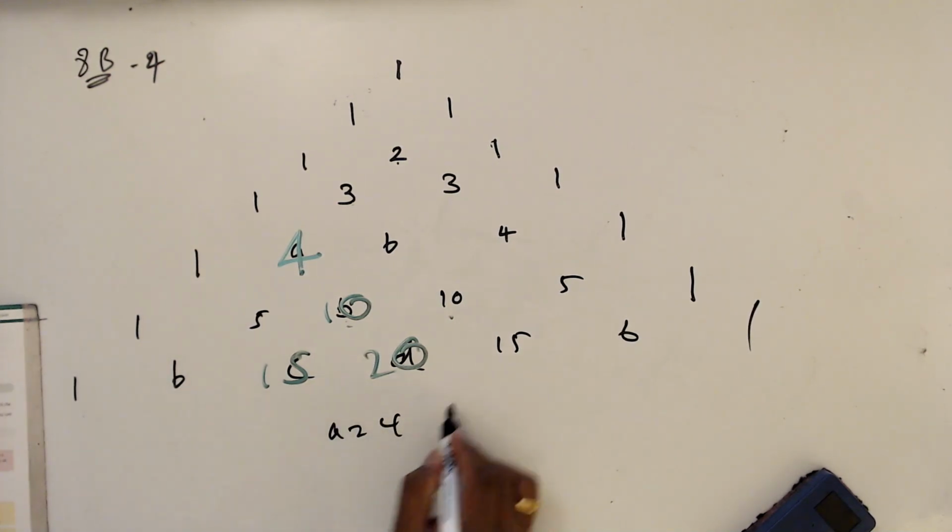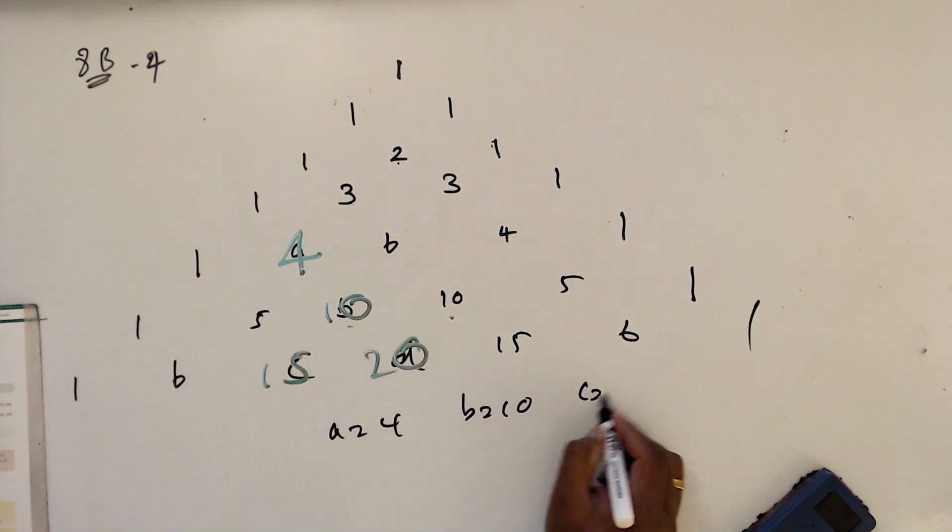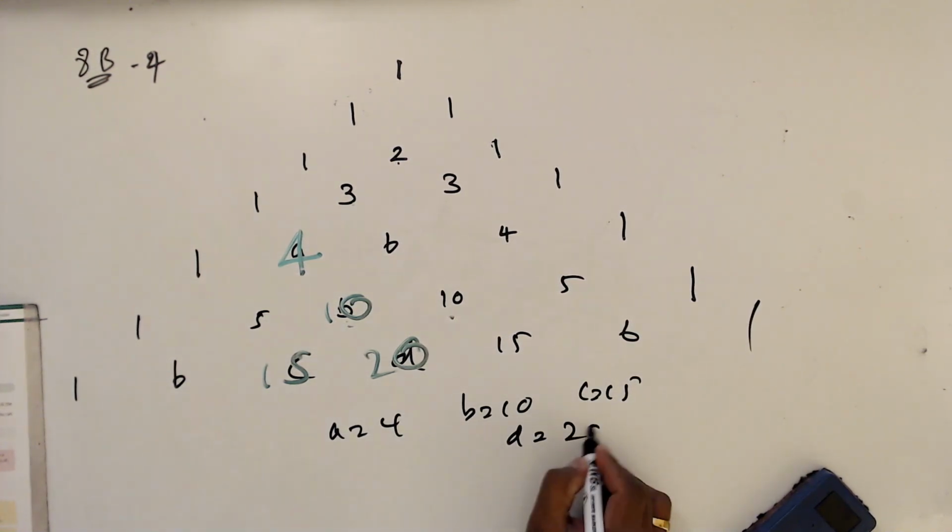So A is 4, B is 10, C is 15, and D is 20.